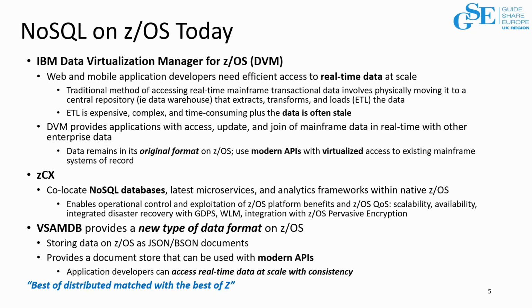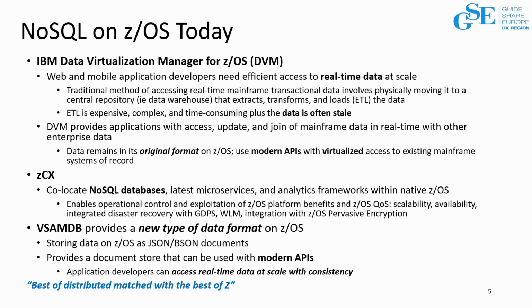But what we're looking at from what we're calling VSAM DB is to provide a new type of data format on Z. So we're actually storing data on z/OS as JSON and BSON documents within a VSAM KSDS. So we can provide a document store that can be used with the modern APIs. We'll give application developers real-time access to data at scale with consistency.